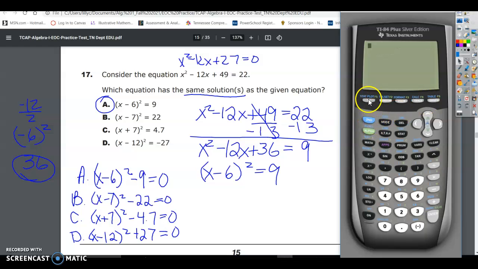Something's going on with my graph. Let me look at my window and see what's going on. My minimum, maximum, minimum, maximum, it looks like everything's okay, but it's saying invalid dimensions.